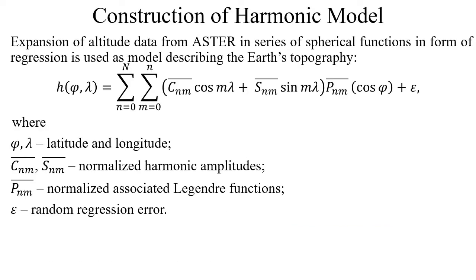In order to build a hypsometric or elevation model, we expanded the data by ASTER in a series of spherical functions. There is a relation between the altimetry function, which depends on latitude and longitude, with harmonic amplitudes, associated Legendre functions, and random regression error.